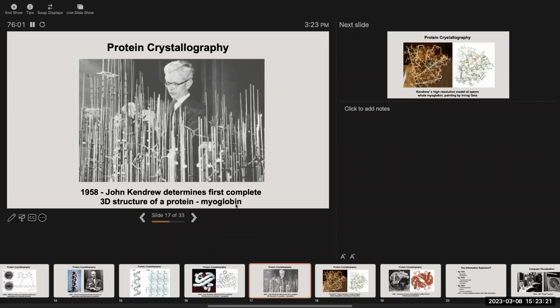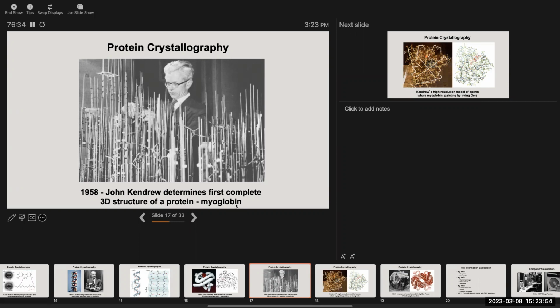And the way he would do that is he created what he referred to as a forest of steel rods, little metal rods sticking up out of a piece of wood. And he had those maps that I showed earlier, the things that look like topographic maps, called electron density maps. He had generated those from the X-ray data, and he would place those electron density maps in amongst all these steel rods.